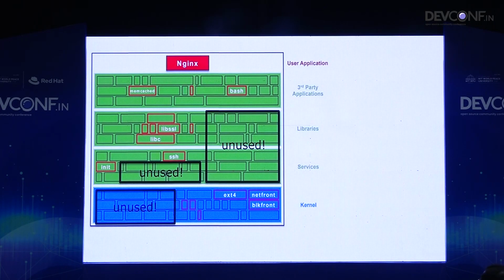Now what does the stack look like? So the stack is, there's a user application, there's the kernel beneath everything, and then there's a bunch of libraries and services in the middle that are required for applications to run and function, but are largely unnecessary because this entire design and architecture is meant for accommodating a large number of applications and being general purpose as opposed to being purpose built or specific.